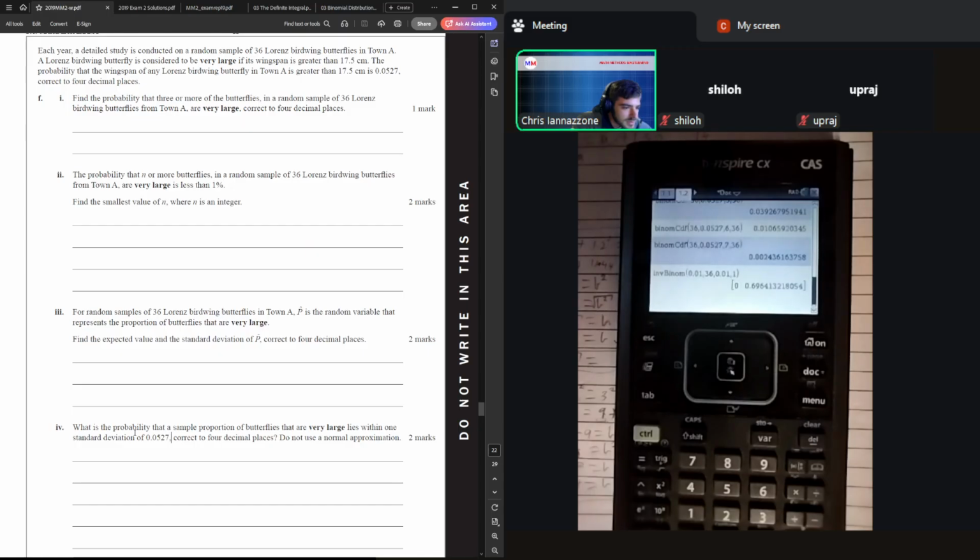What is the probability that a sample proportion of butterflies that are very large lies within 1 standard deviation of... Oh, okay, so it's just saying plus minus 1 standard deviation, but it's labelling p hat, because we know this is our p hat. So, 1 to the right of p hat, 1 to the left of p hat. What's the probability of that occurring?